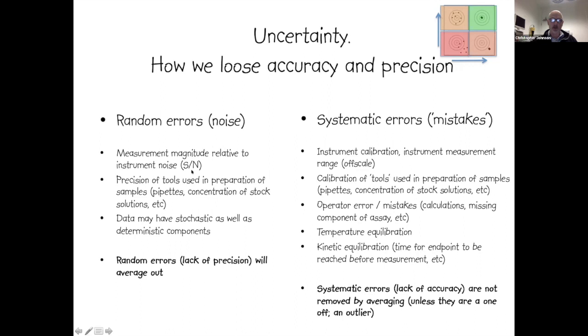This is by no means a complete list, but for example, if we try and measure a very small signal on an instrument, we will end up with a lot of random noise in our data due to a low signal to noise.